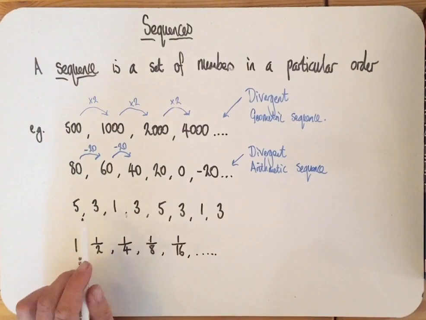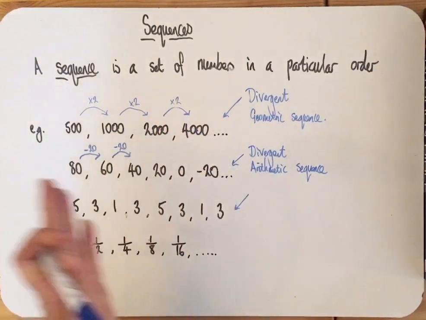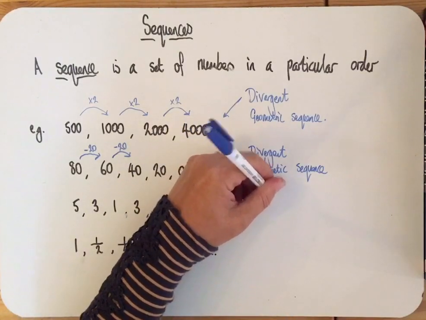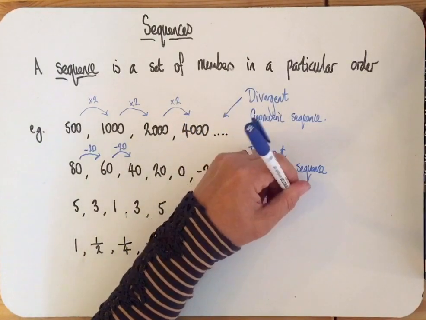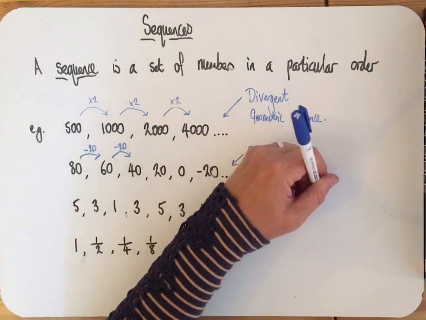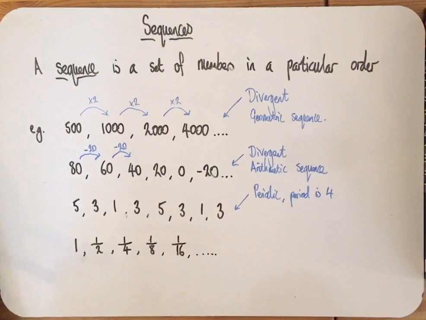So this one here, 5, 3, 1, 3, 5, 3, 1, 3. This one repeats, so it's periodic, and the period is 4. So it repeats every fourth term. Trig functions are periodic, so they repeat every 360, or 180 for tan in degrees.